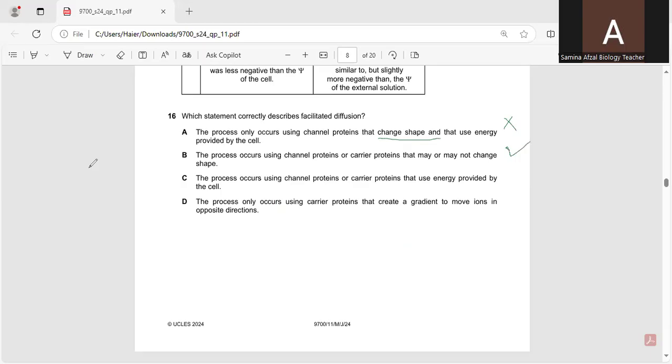It can be a correct option. The process occurs using channel proteins that use energy provided by the cell. Facilitated diffusion does not need energy. The process only occurs using carrier proteins that create a gradient to move ions in the opposite direction. Not a correct statement. Only B is the correct option.